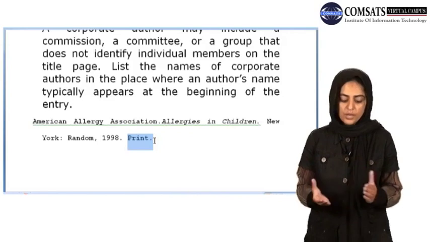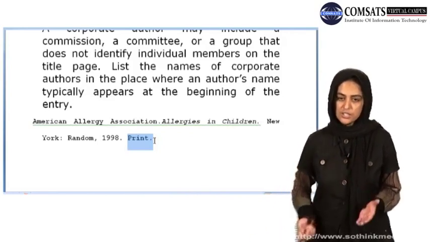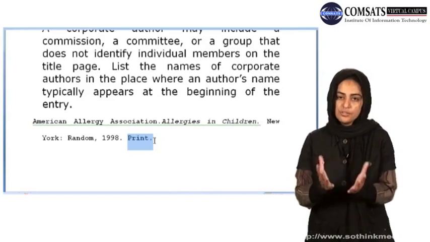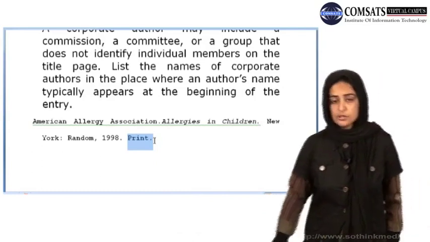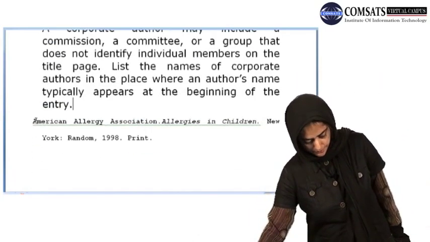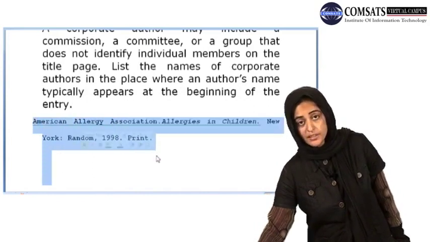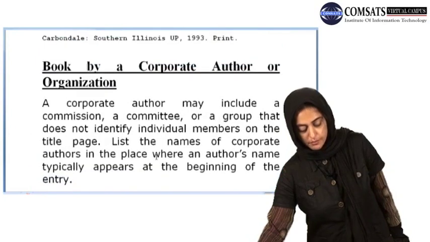So there you will be simply picking up the name of that commission, the name of that association in place of the author's name for creating the reference in that particular situation through the MLA referencing style. Here in front of you once again, a book by a corporate author or organization.